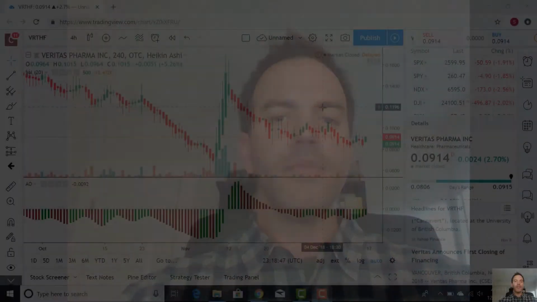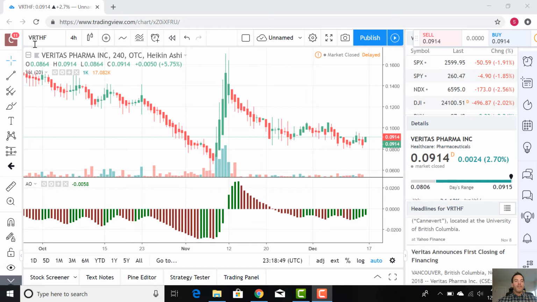Let's jump right over to the pricing chart so we can see what we're going to learn this week. And so again, you'll see Veritas Pharma, we're using our Heikin-Ashi, which makes it very easy to see downward trends and upward trends. And this week we have the AO, which is the awesome oscillator, which is kind of a fun one to use. The last couple weeks we've been learning about simple moving averages, and so we're going to extend that thought this week.